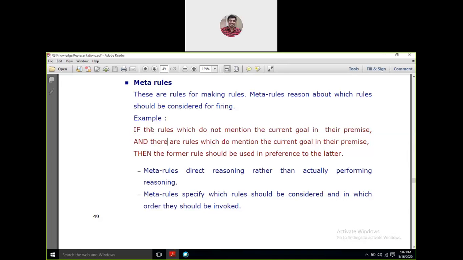So, if the rules which do not mention the current goal in their premise, and there are rules which do mention the current goal in their premise, then the former should be used in preference to that of the latter, right? That means I have to use this one in place of this one.